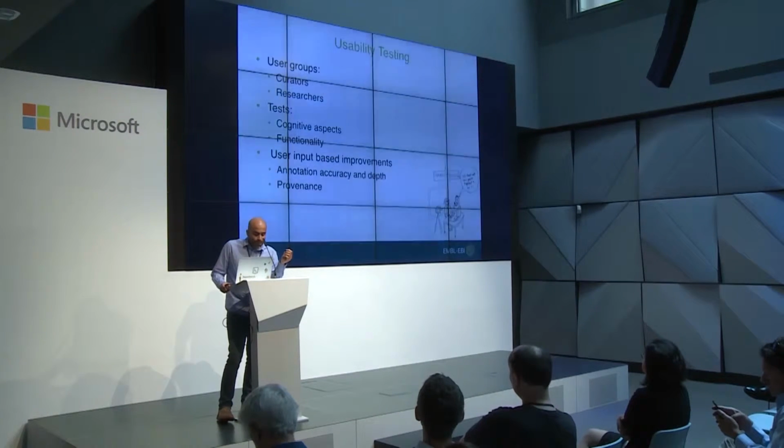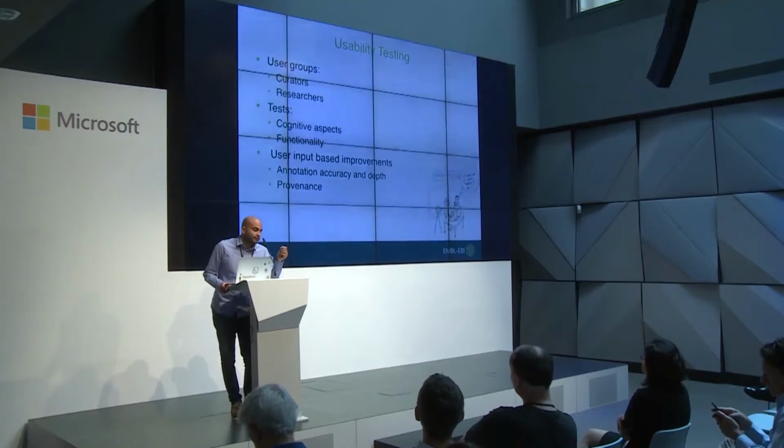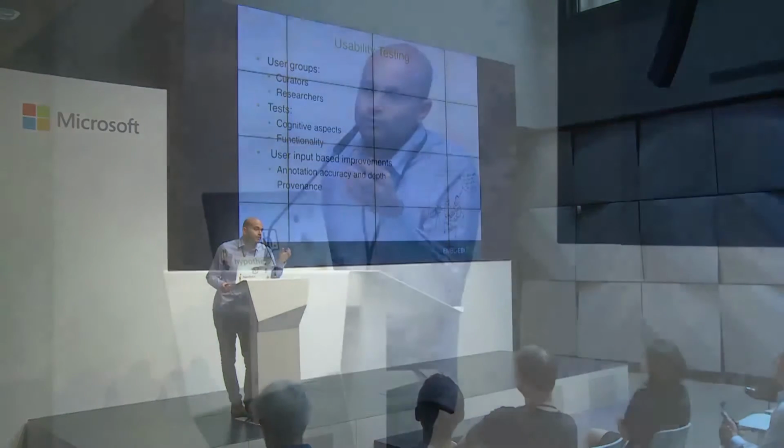At the inception, we were clear that we didn't want a technology push, and that it should be more of a user-driven development. So we regularly engage with curators and researchers to understand what their needs are and how the annotations need to be represented on the web page. This has to do with how it appears, because some curators felt it was distracting if the annotations were on all the time.